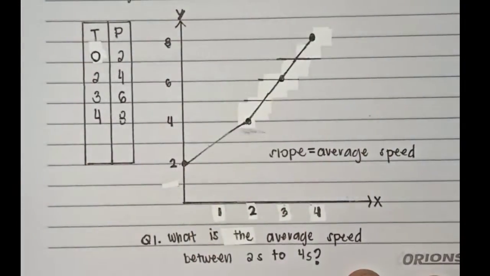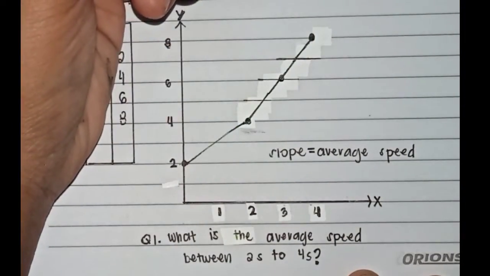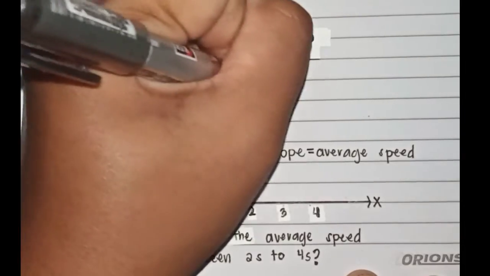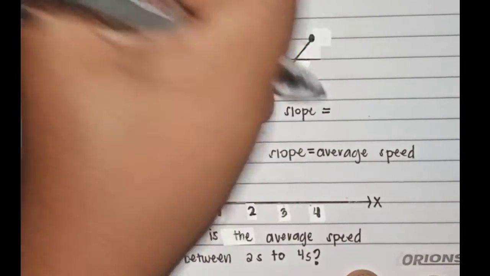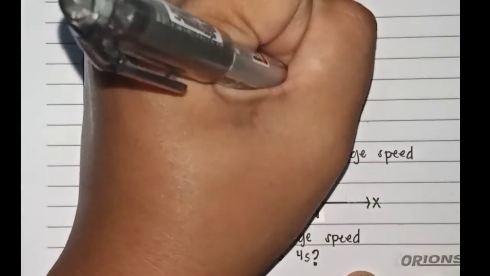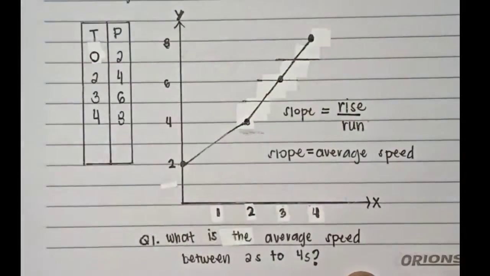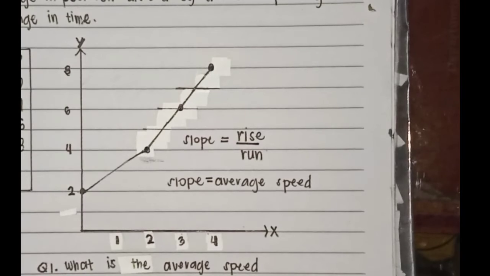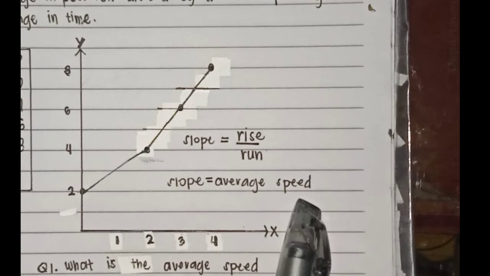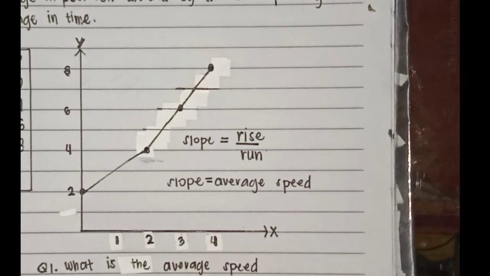To find the average speed, the formula is slope equals rise over run. Given that the slope is equal to rise over run, let's find how the line rises from 2 seconds to 4 seconds.